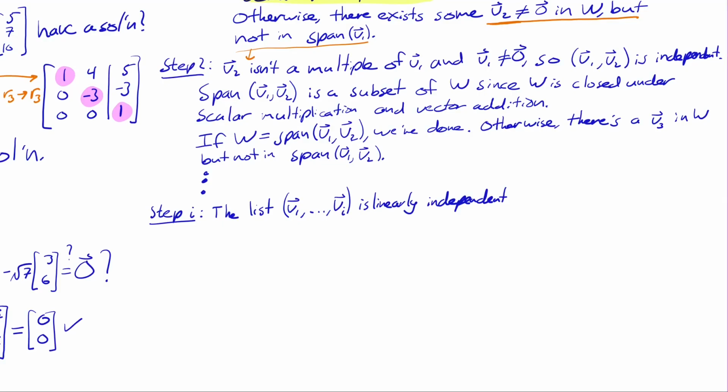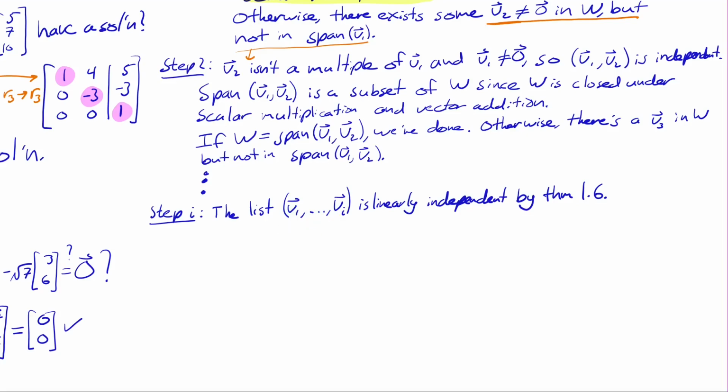And every time you do this, you're getting a vector that is not in the span of the previous vectors. And the first one is still not equal to 0, so it's linearly independent by theorem 1.6. And we can still say that the span of all of them is a subset of W, since it's closed under scalar multiplication and vector addition.